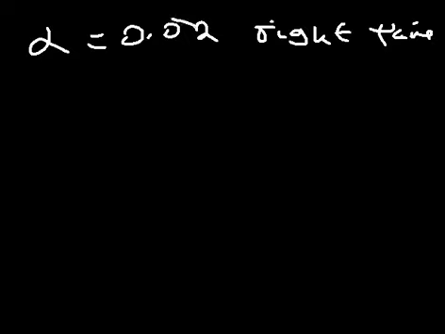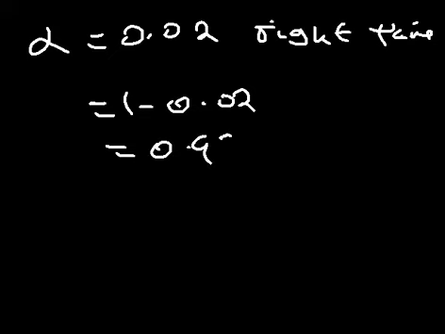Since this is right-tailed, we'll have to take the complement of this value. What would that be? We'll have 1 minus 0.02, and that should be 0.98.